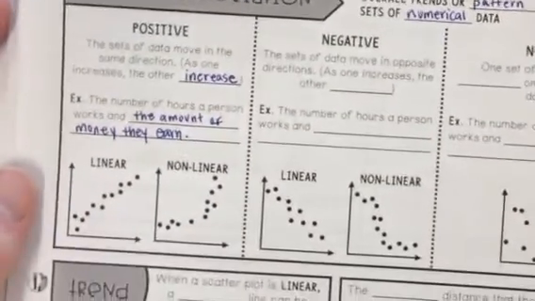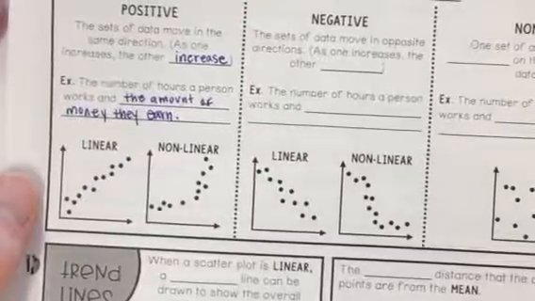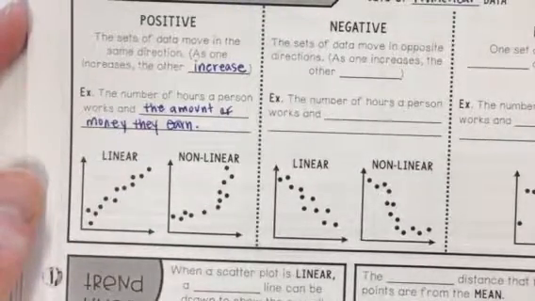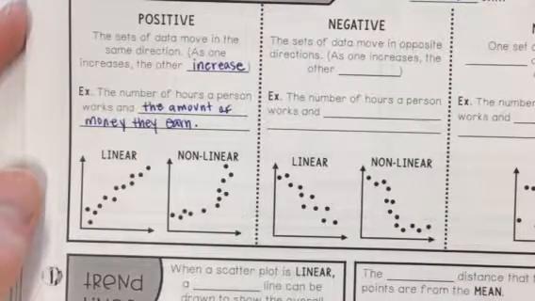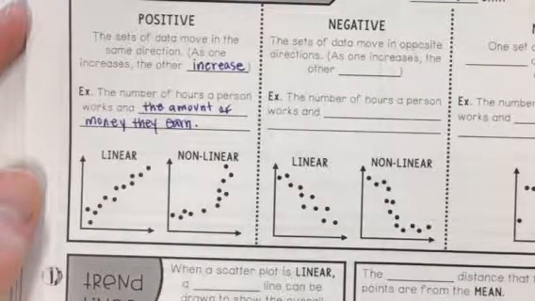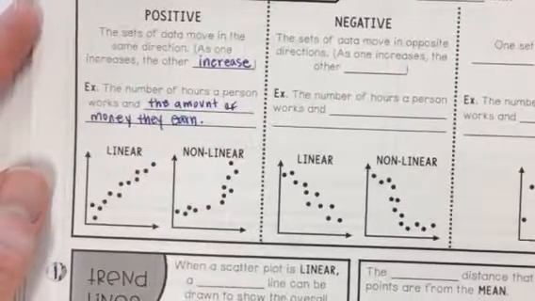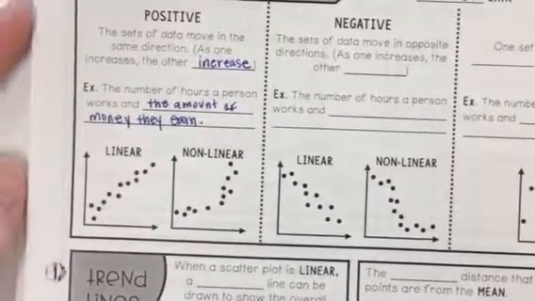You can see here both of these scatterplots have a positive association where as one increases, the other increases as well. One of them is linear and one of them is not linear.